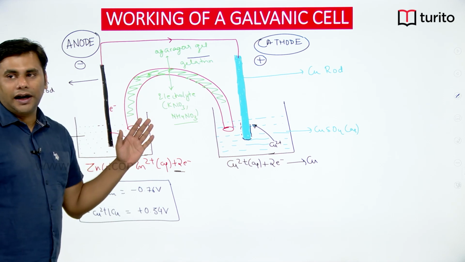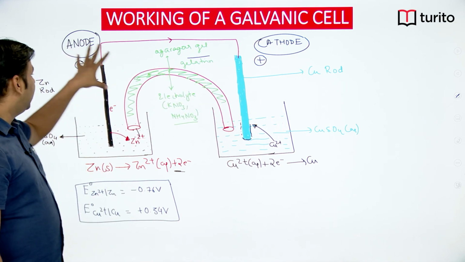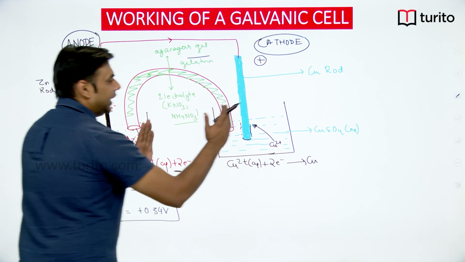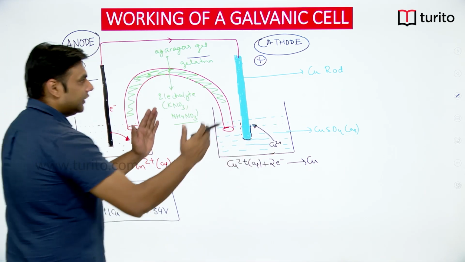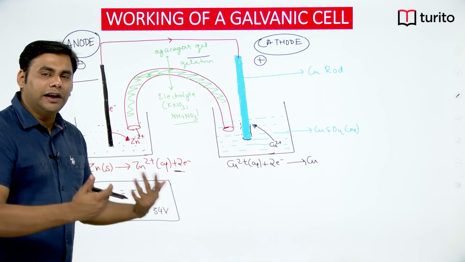So we have excess positive charge and excess negative charge in the anodic portion and in the cathodic portion. Each of them is called a half cell. This is one half cell, the anode half cell, and this is the cathode half cell. We combine the anode and cathode half cells to get a complete cell.